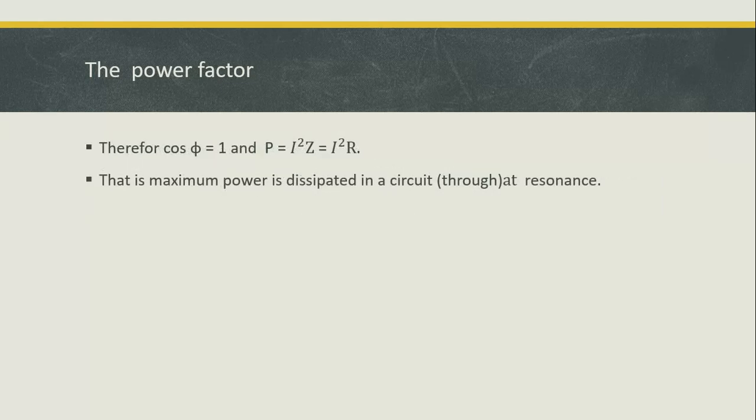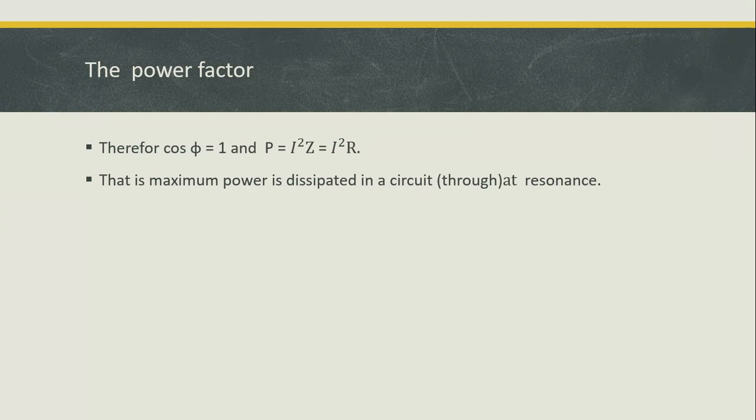So see here, the value of cos phi is equal to 1. It means P is equal to I square Z. But what is the value of Z? We have shown that Z is equal to the square root of R square plus (XC minus XL) whole square. But the value of (XC minus XL) square is equal to 0.